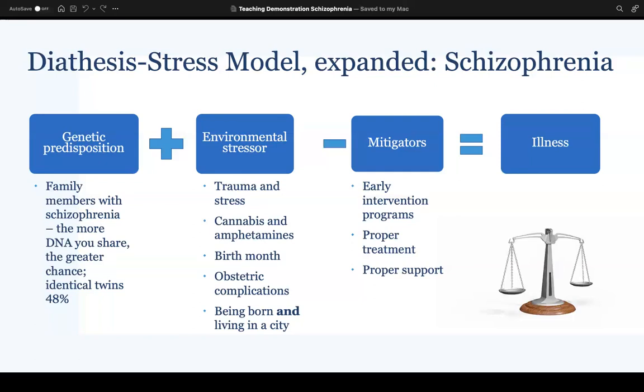And I also want to point out that early intervention programs are environmental, right? They provide an environmental support that balances out the environmental stressor, but they can also involve medication. However, the research shows that preventative medication for psychosis doesn't work.